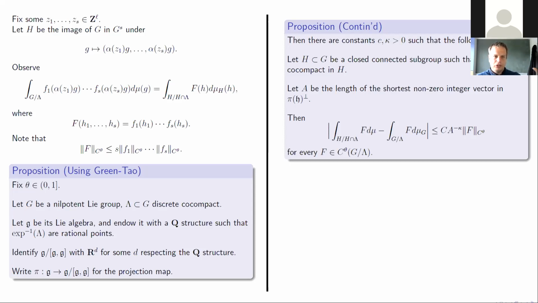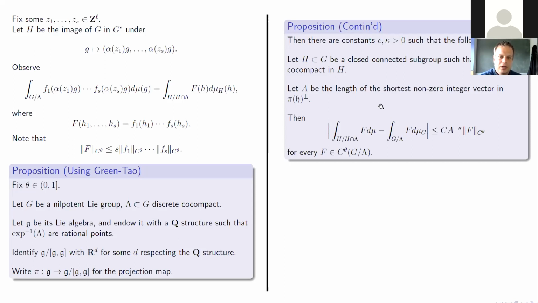And if you don't find a short integer vector in the orthogonal complement, then this will sit inside your torus in a very equidistributed manner. So I hope that at least this is something that's believable. And actually, you can prove this using Fourier analysis in a very direct way.